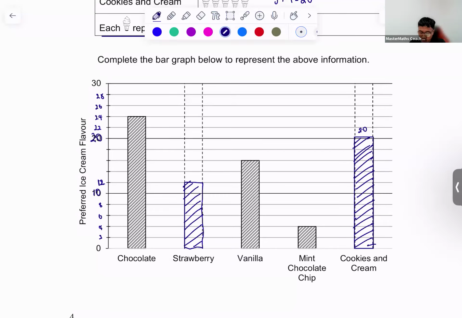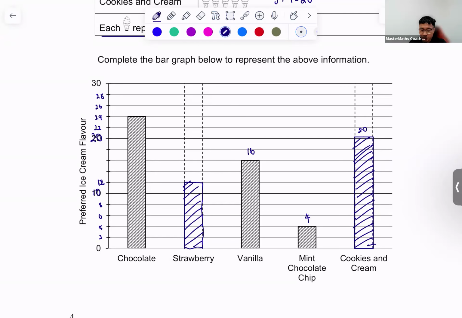Yep, correct, 16. And then how about mint chocolate chip? 4. Yep, correct, 4. Good job.